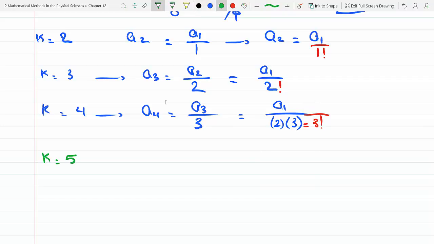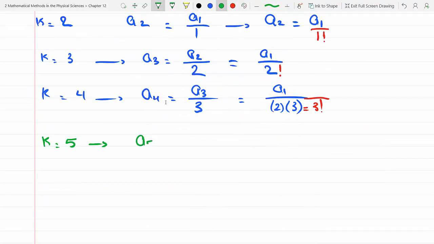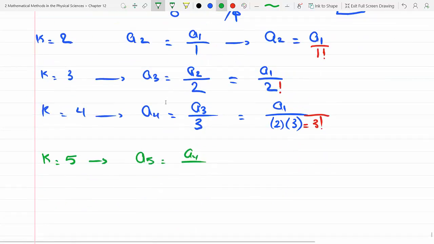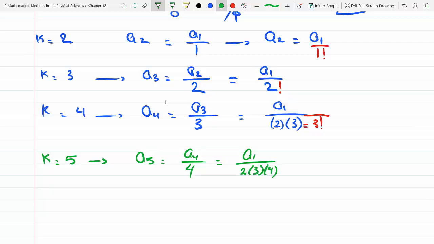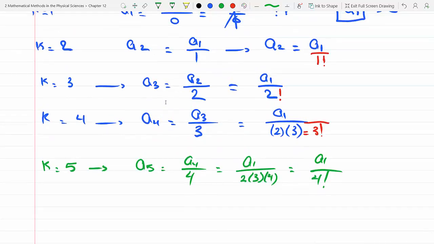If k is 5, plug it in the recursion formula, you get a5 equals a4 over 5 minus 1, which is 4, and a4 is a1 over 2 times 3, so this is 2 times 3 times 4, which equals a1 over 4 factorial. Indeed, so we do have consecutive factorials in the denominator.